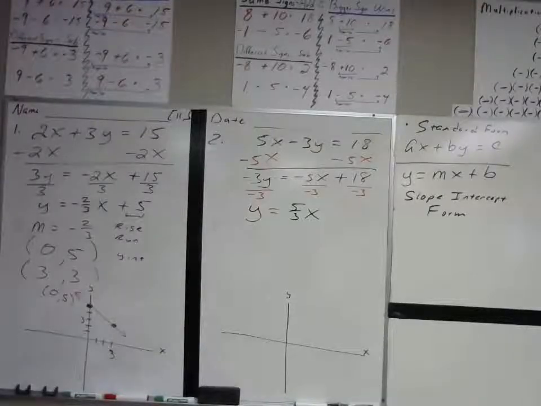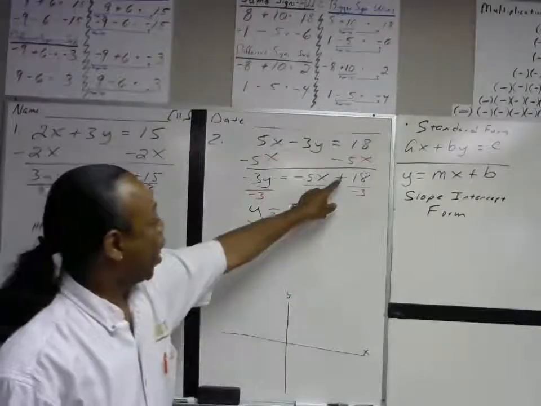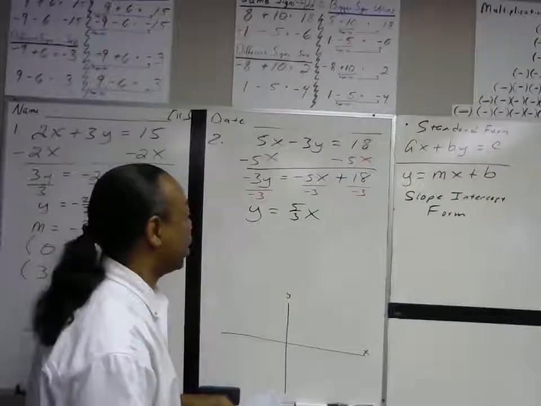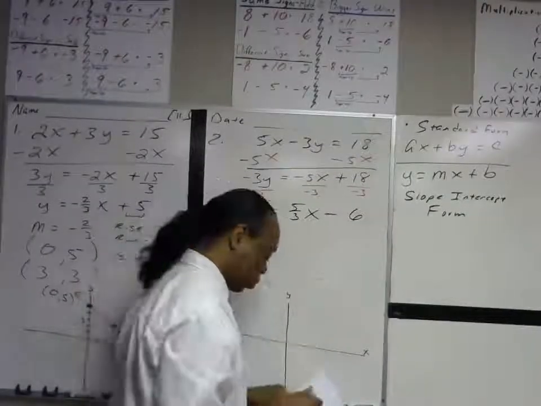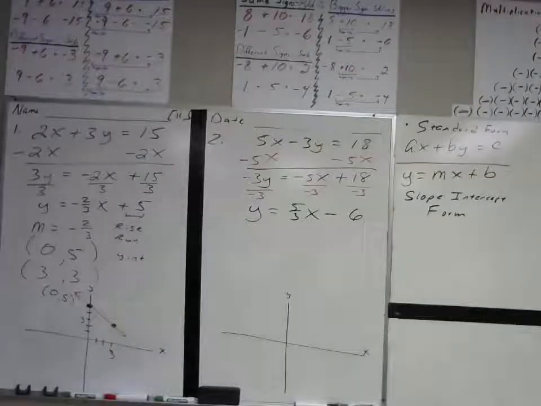And let's see here. This is a positive divided by negative, which is going to be negative. And 18 divided by 3 evens out to a 6. Okay. So now it's time to graph.